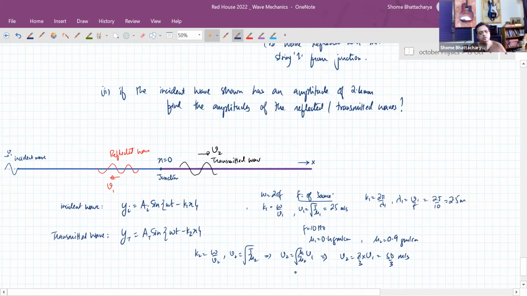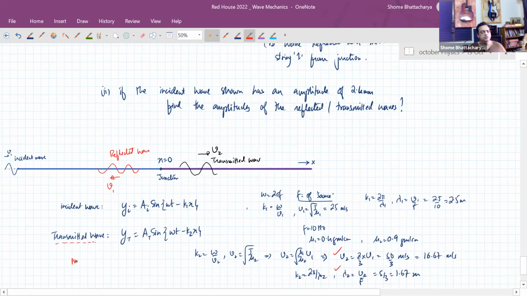And k2 is 2 pi by lambda 2, where lambda 2 is v2 by f, so it is 5 by 3 or 1.67 meters. So these become the wavelength and the velocity of the transmitted wave.